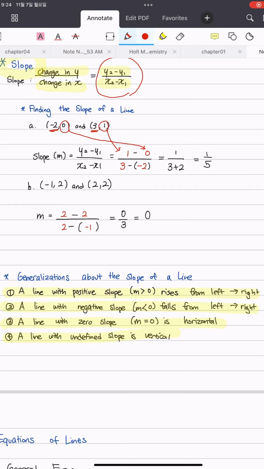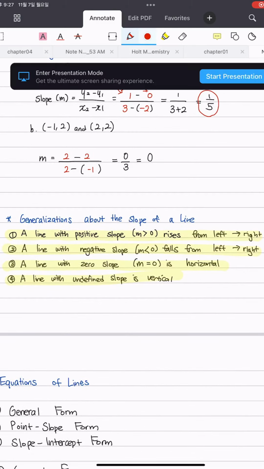There it becomes 1 over 3 plus 2, which equals 1 over 5, which is the slope that we are looking for. Let's look at another question.